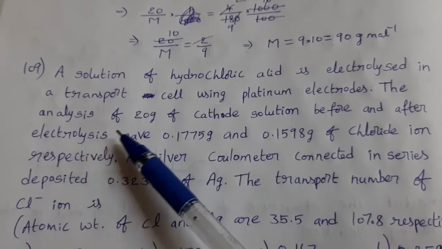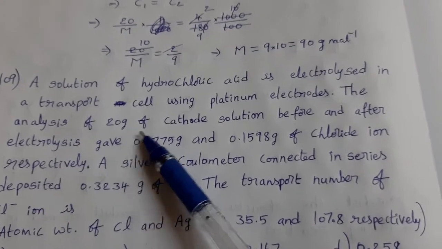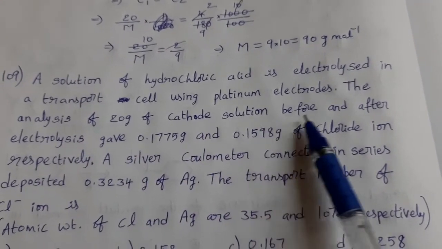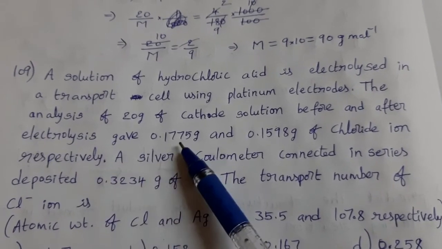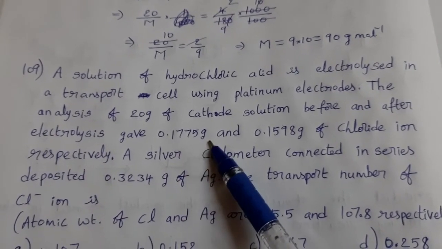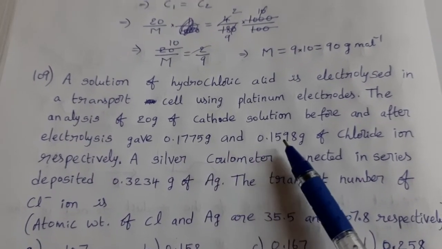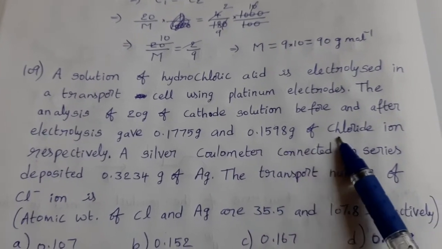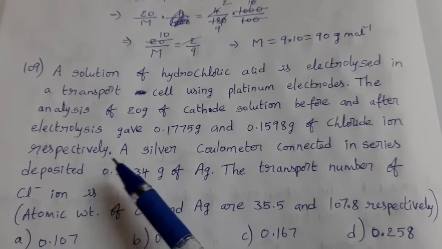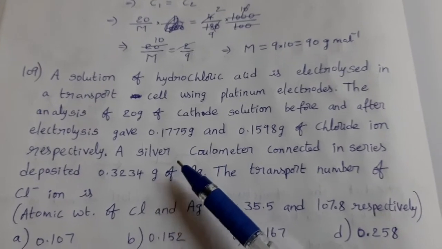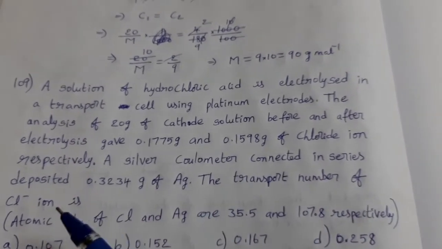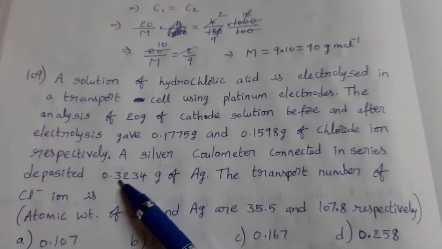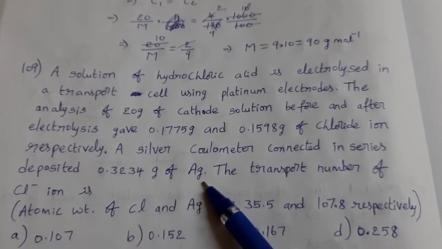The analysis of 20 grams of cathode solution before and after electrolysis gave 0.1775 grams and 0.1598 grams of chloride ion respectively. A silver coulometer connected in series deposited 0.3234 grams of silver.